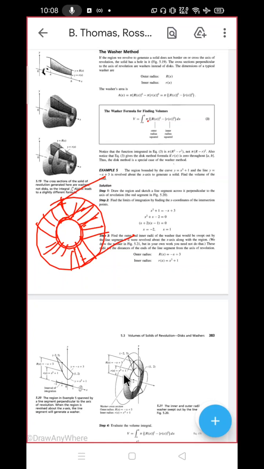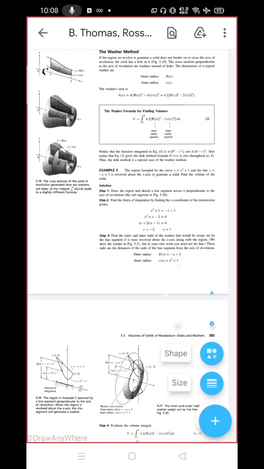If you have this type of figure, then the next thing you have to find is your capital Rx and your small rx. That's it. Because in this case, do you see that capital Rx will be this line, and small rx will be this line, correct? Because your volume will be the inside part.